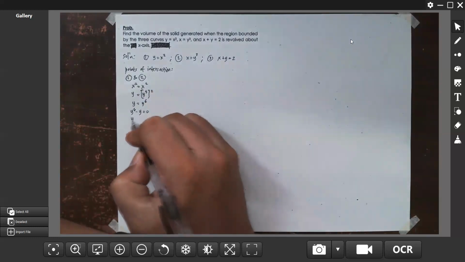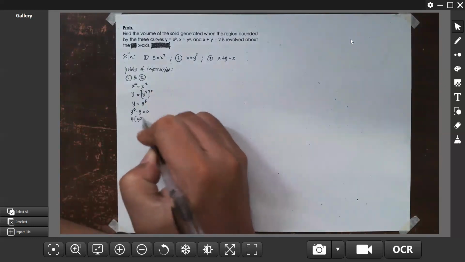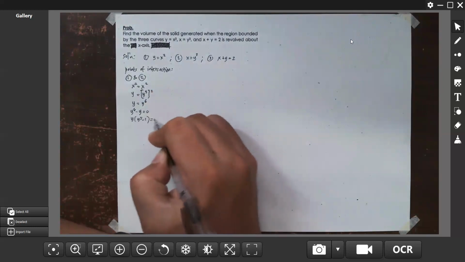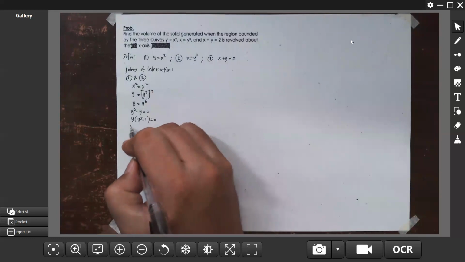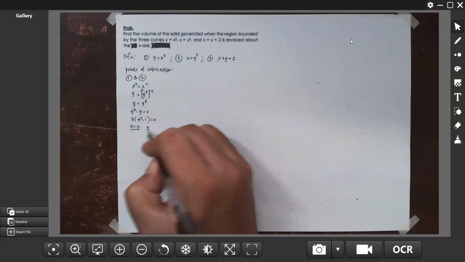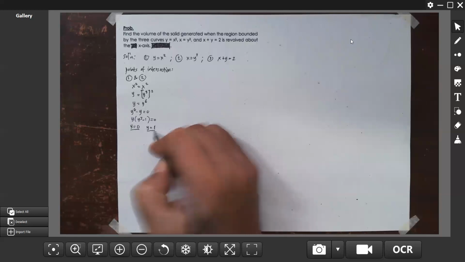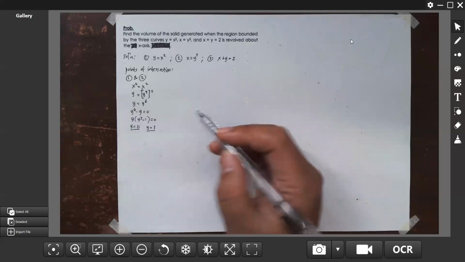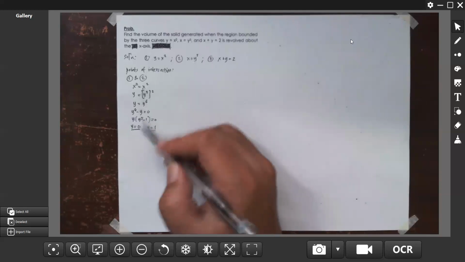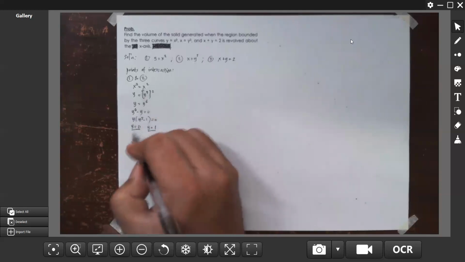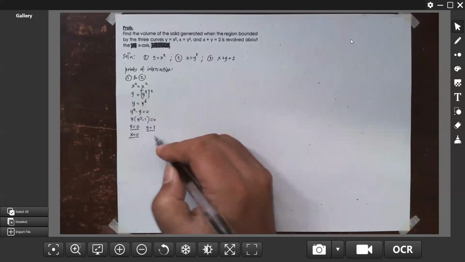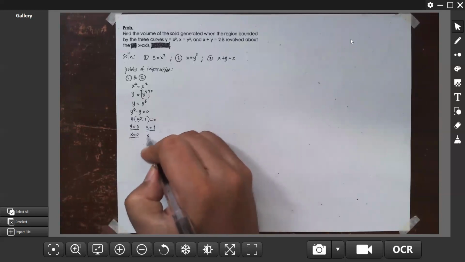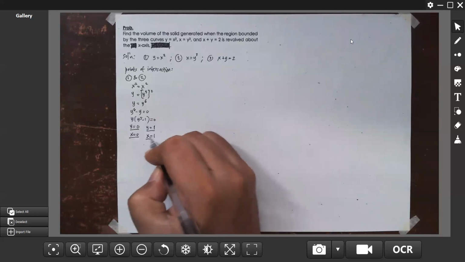So you factor out y, you get y times y raised to 5 minus 1 equal to 0. Or simply, y equals 0 and y equals 1. So check: when y equals 0, x is also equal to 0, and when y is equal to 1, x is also equal to 1.